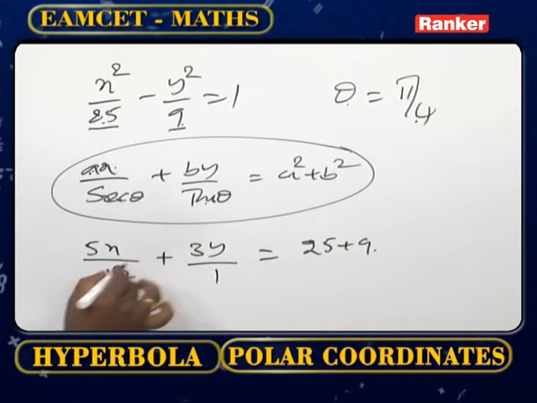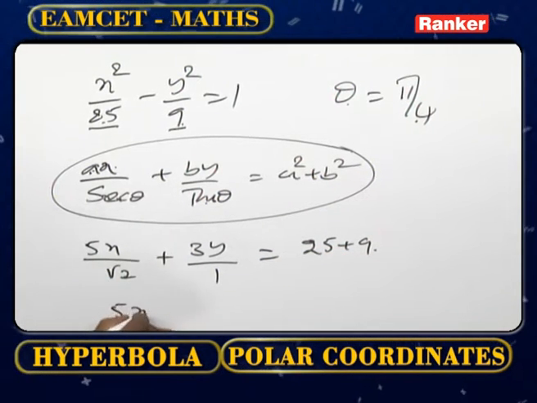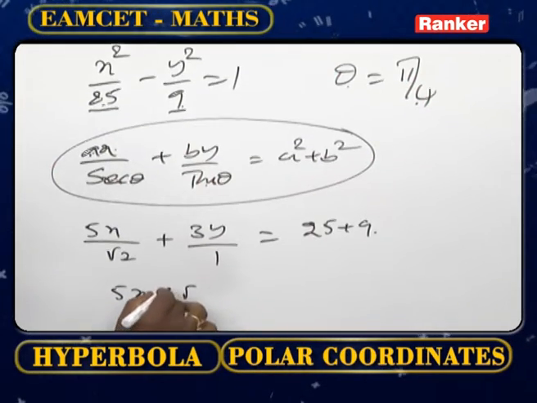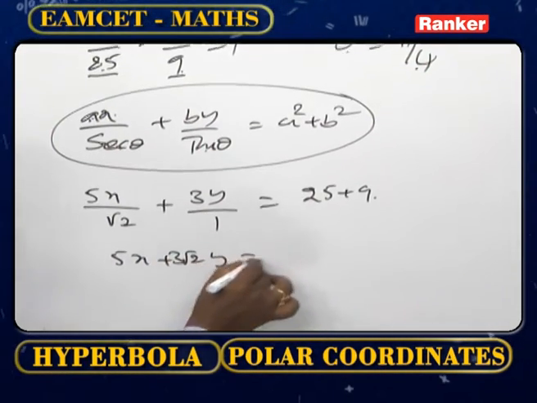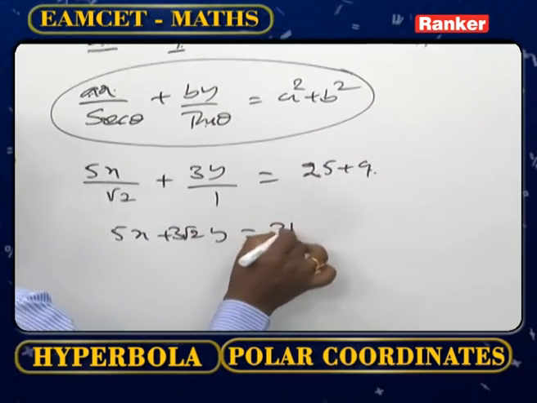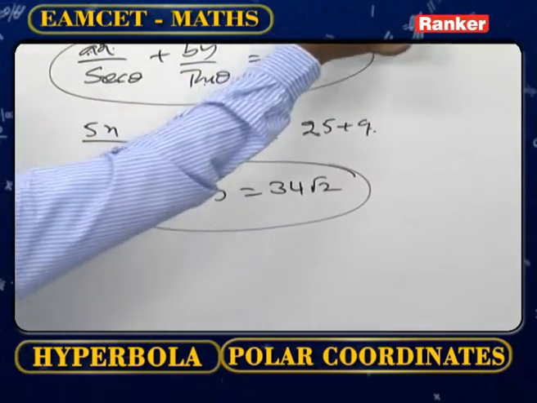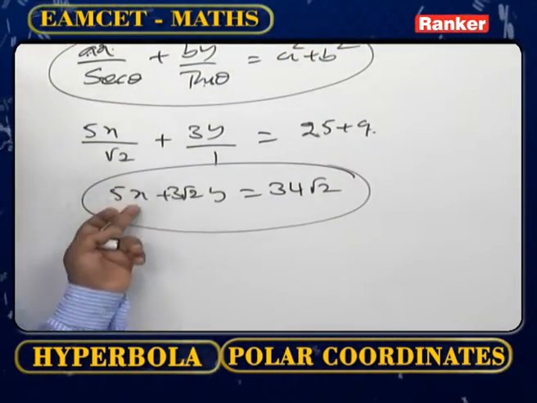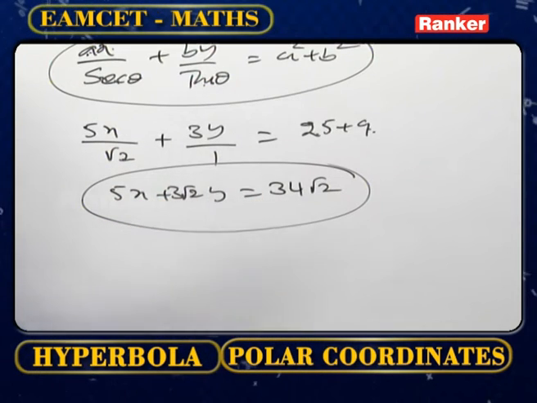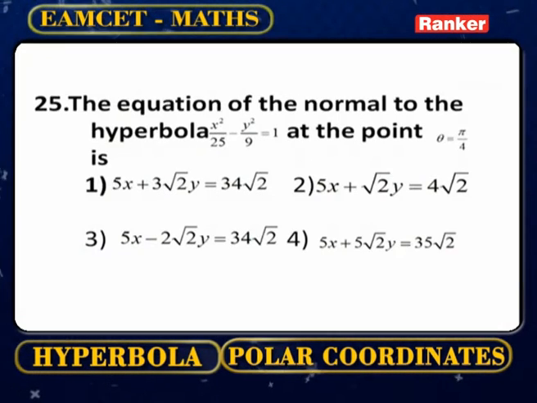Now taking LCM as root 2, we get 5x plus 3 root 2 y equals 25 plus 9, 34 root 2. The required equation of the normal at the point theta equals pi by 4 is 5x plus 3 root 2 y equals 34 root 2. Now the first option is correct. First option.